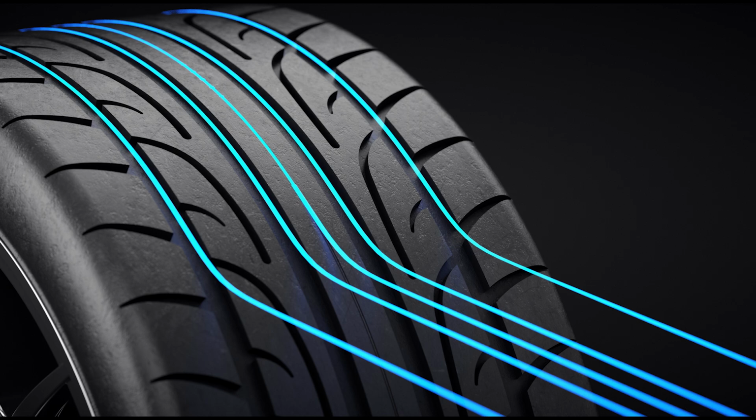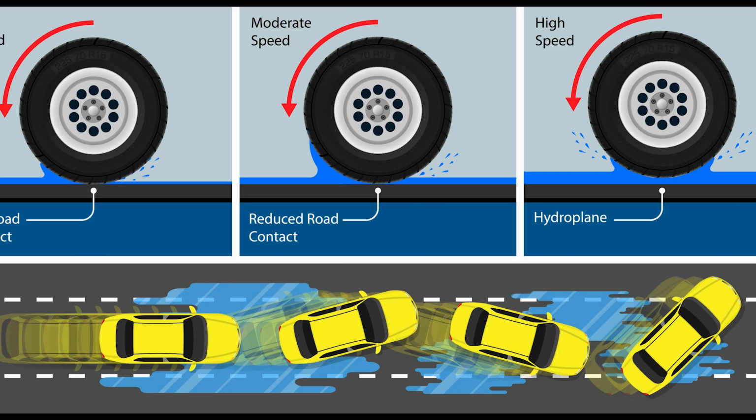The depth and the design of the tread, the tire's width, and the vehicle's weight can all affect the likelihood of hydroplaning. To prevent hydroplaning, it's important to drive at moderate speeds. Now, if you do find yourself hydroplaning, simply ease off the accelerator, and this is going to transfer more weight to the front of your vehicle, and this is going to help you regain traction.